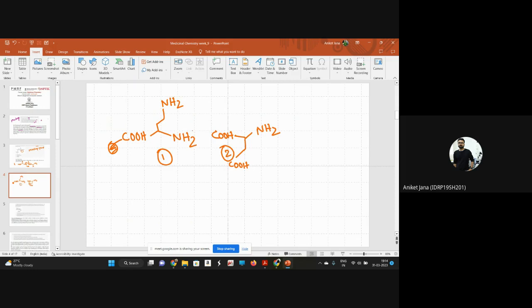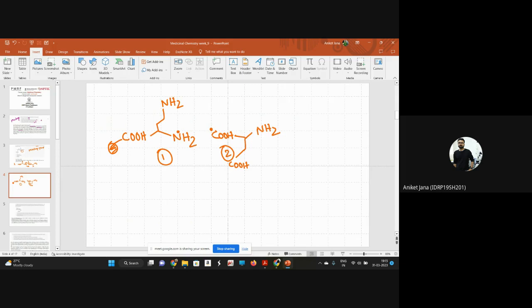So what is our desirable reaction? We want this NH2 group to react with this COOH group, right? Is it clear? Can you get it? I am trying to explain the requirement or the utility of the protecting group.